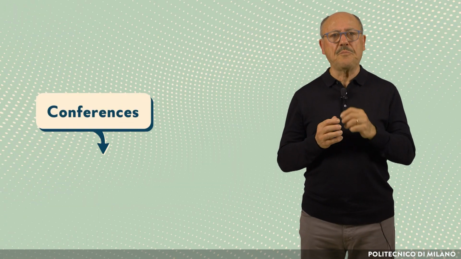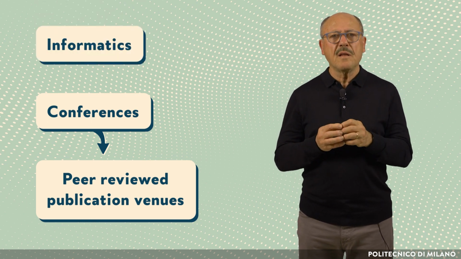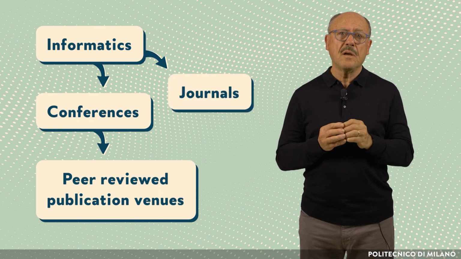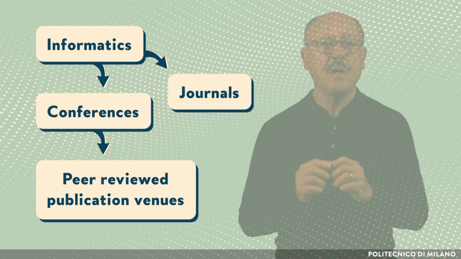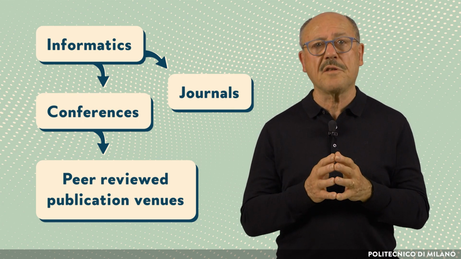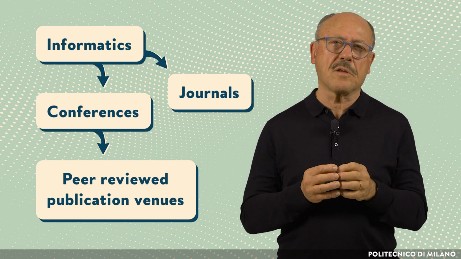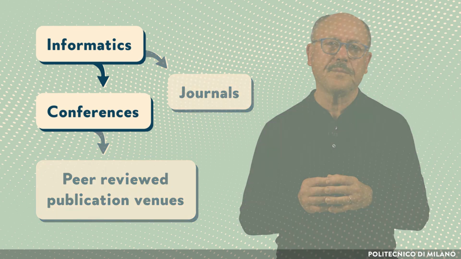Conferences are also peer-reviewed publication venues. In informatics, they are considered to be equally valid as journals, but this is often not true for other scientific areas. In informatics, each area has its own reference conferences, some of which are considered very prestigious, at the same or even higher levels than journals.